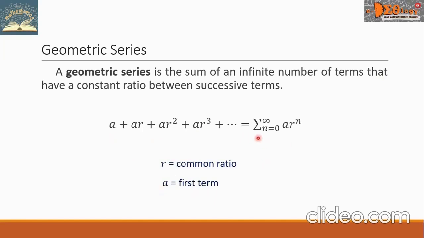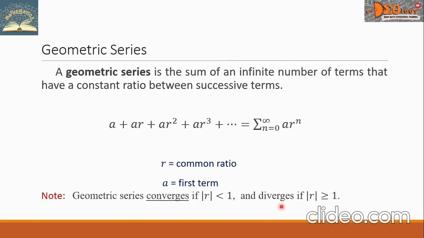In sigma notation, we write summation from n equals 0 up to infinity of A multiplied by R raised to n. Take note that a geometric series converges if the absolute value of R is less than 1 and diverges if the absolute value of R is greater than or equal to 1.